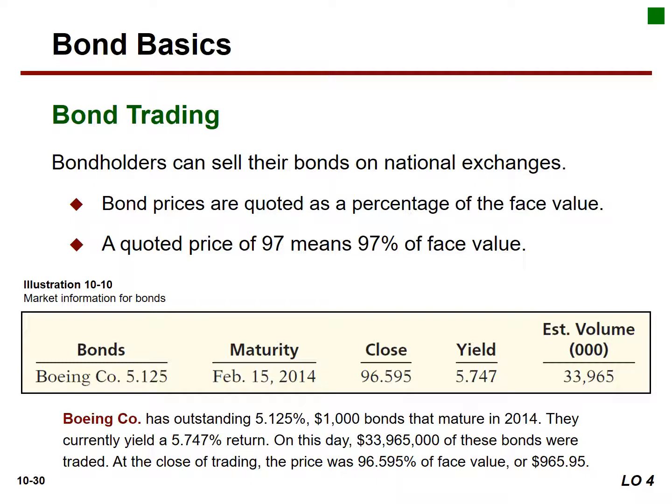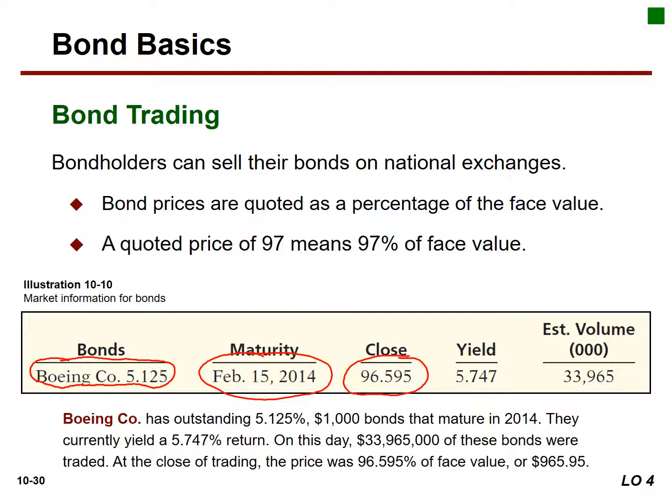And here's how bonds are quoted if you're looking at the quoted price. Here you've got Boeing Company, who at some time in the past has issued some bonds, and the contractual interest rate on those bonds, they're paying 5.125%, 5 1/8. It tells the maturity date here. It says the previous day the bonds closed at 96.595. This means they're not trading at face value.